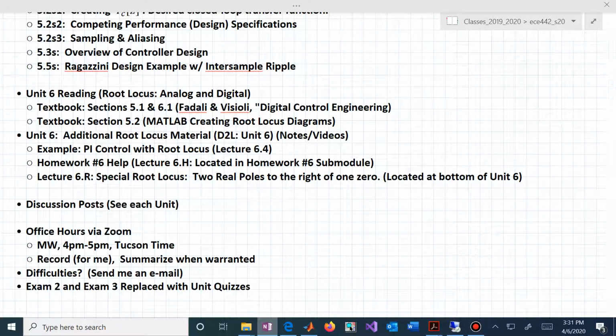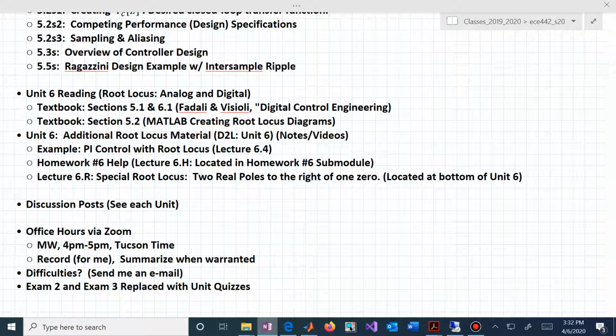Unit 6, additional root locus material is provided. One is the actual final lecture in Unit 6, so you don't necessarily need to look at that now. We are just in Lecture 2, but after you've looked at Lectures 1, 2, and 3, then we'll go through an example of a PI control using the root locus sketching strategy or design approach.